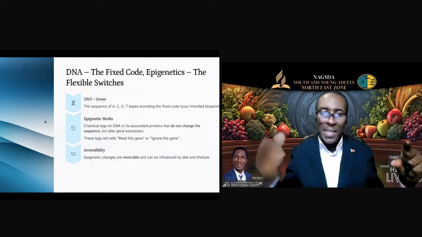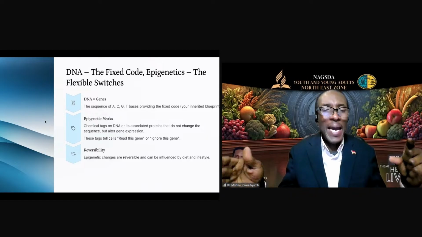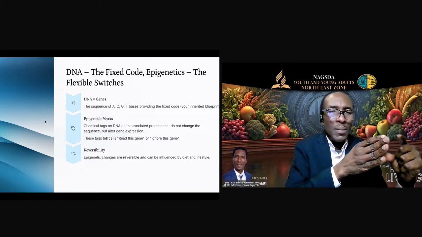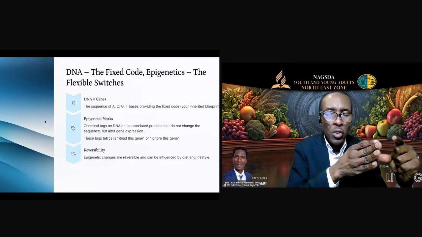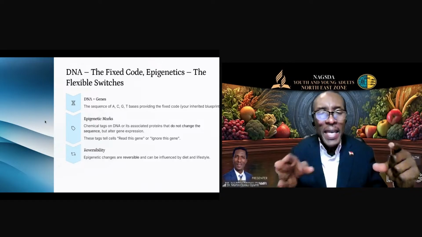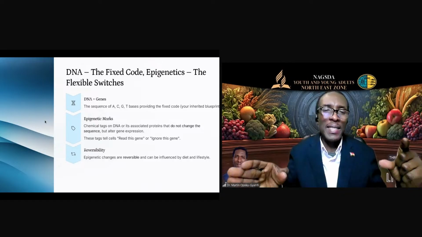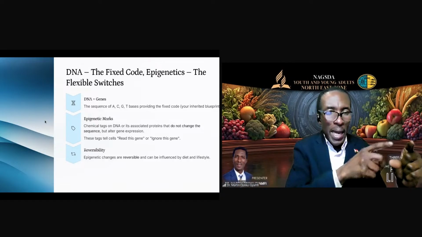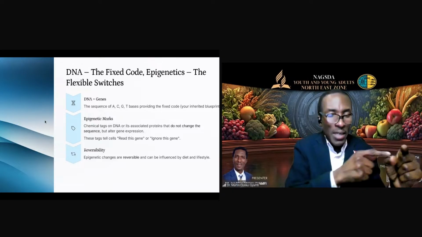So the instructions are there, but let's pretend that the epigenetic principle wants to make bread that is vegan, bread that doesn't have any animal products in it. Then it will instruct the body to go on reading.